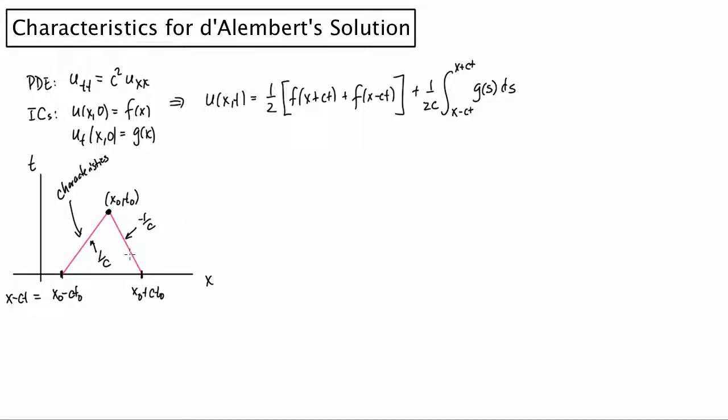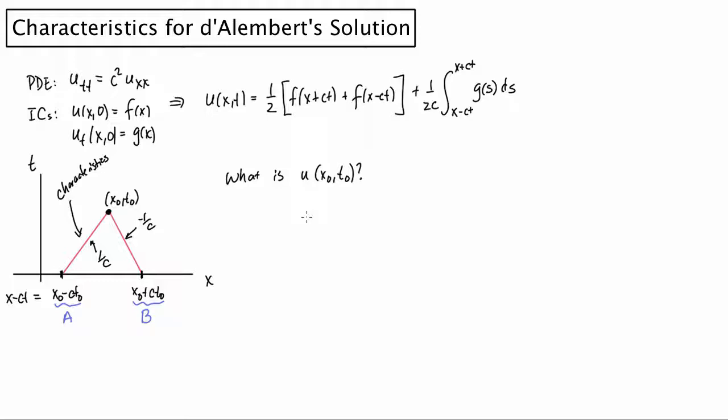Now, that's not so much the important part as what they're telling us about the solution. Let me just call this point the point A, and we'll call this point the point B. Then I want to ask, what is u of x0, t0? In other words, what is the solution to the wave equation doing at that point?